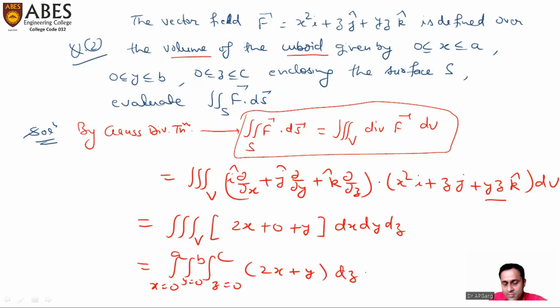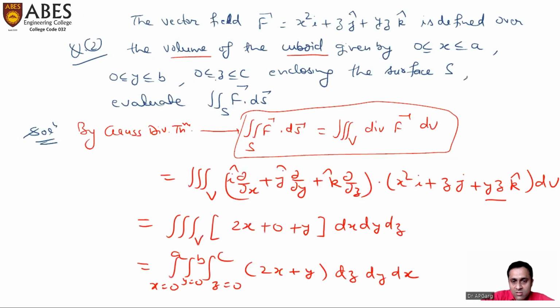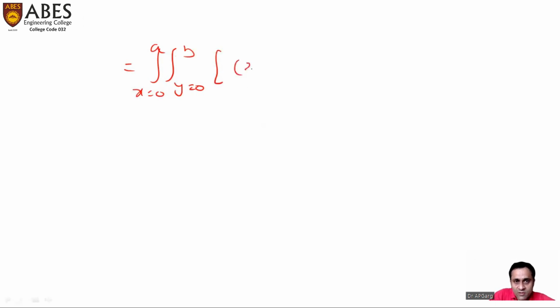So first of all, we will integrate with respect to z, then y, and then finally x. Correct. So if we integrate with respect to z, x varies from 0 to a, y varies from 0 to b, and when we integrate along z, the result will be 2x plus y, and z taking limit 0 to c.